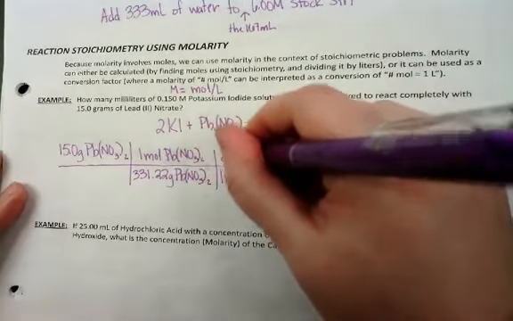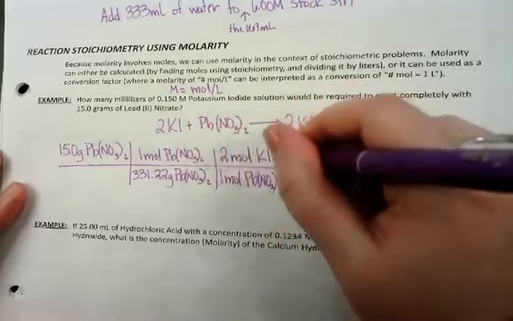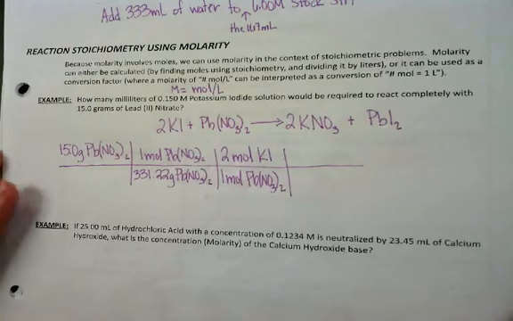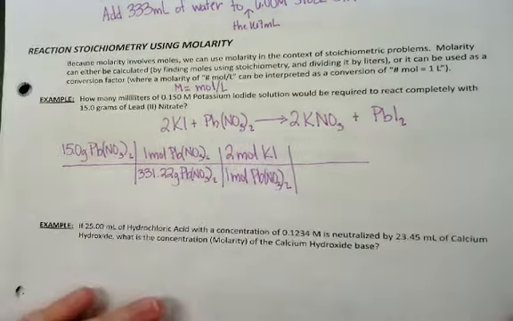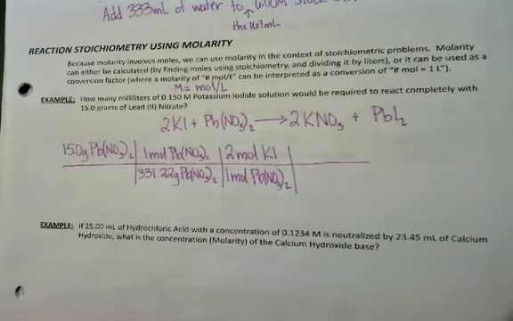All right. Now we're in moles of potassium iodide. So we're now in the substance that we are trying to solve for. We're asked to solve for what? Milliliters. Okay? So we're in moles. We're given molarity, and we're asked to solve for milliliters.